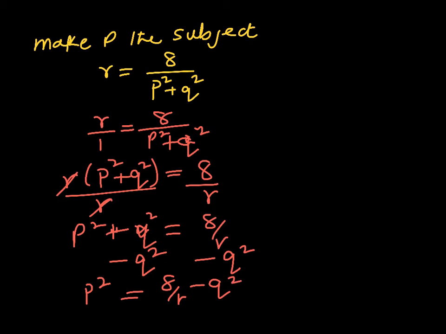We want to make P the subject. So we have a square sign here. What's the reverse of square? Square root. So we take the square root of both sides. It's going to be P is equal to the square root of 8 over R minus Q squared. So now we have succeeded in making P the new subject of the formula.